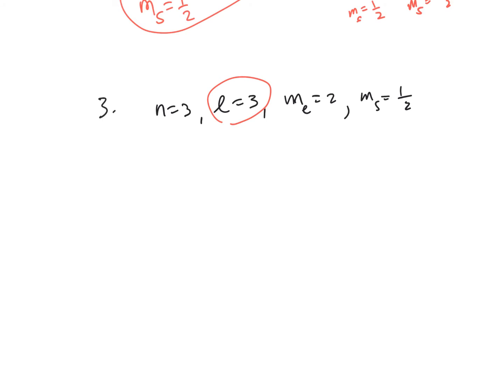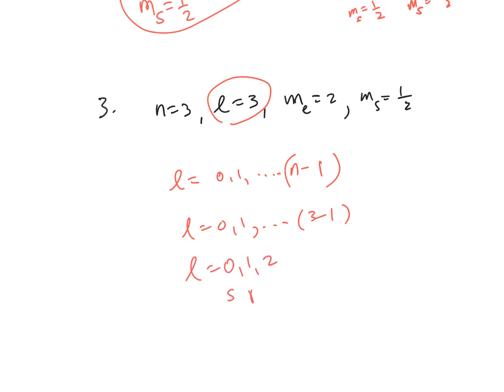Remember, the rules are that L is equal to 0, 1, all the way up to n minus 1. n is 3, right? So L is 0, 1, all the way up to 3 minus 1, which is 2. So it can only be 0, 1, and 2, which is S, P, and D subshells.